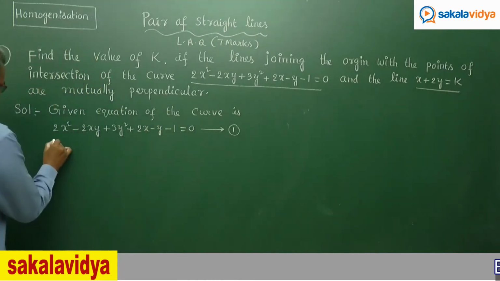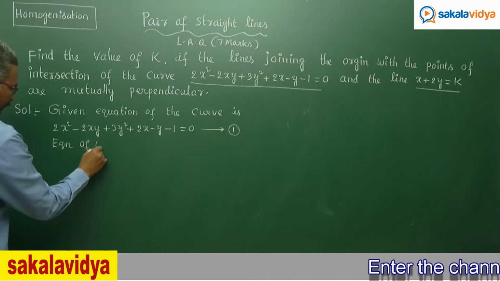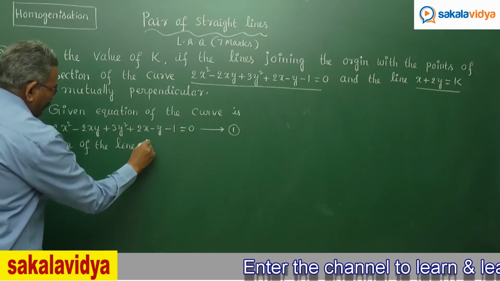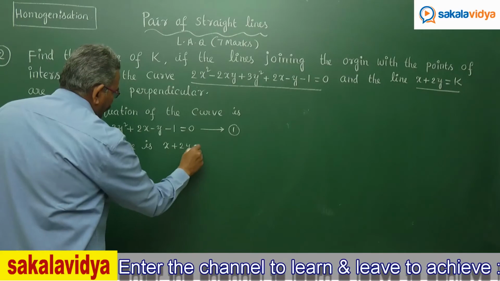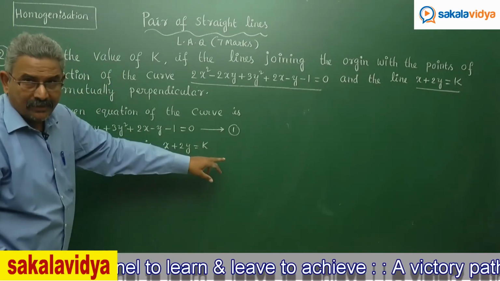Now the equation of the line is x plus 2y equals to k. Now divide both sides by k.